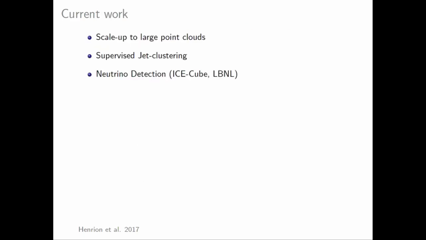Okay, and these are the other directions for applications of message passing networks to particle physics. These are the sorts of questions that we are currently trying to address. In particular, one important limitation of this model is that if you want to learn a priori how every particle talks to every particle, this scales quadratically with the number of particles, which makes it intractable very fast.